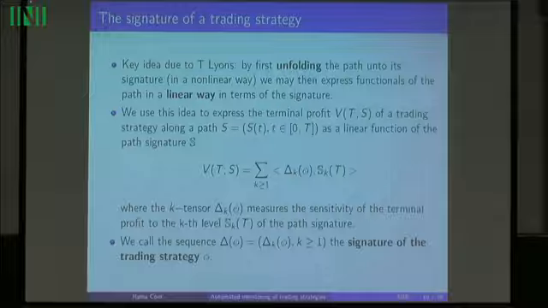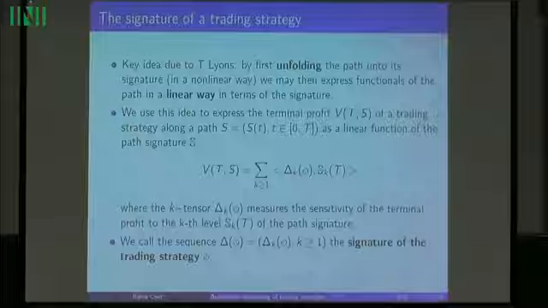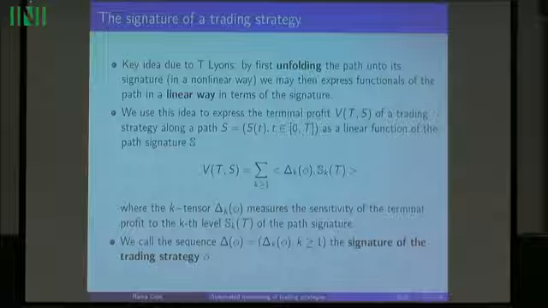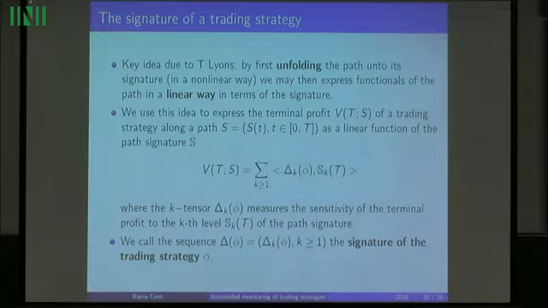A way to think about it, if you're not familiar with this, is the analogy with Taylor expansions. If you take a function and expand it into these polynomials, then various operations which were nonlinear initially become linear once you know the coefficients of this expansion.